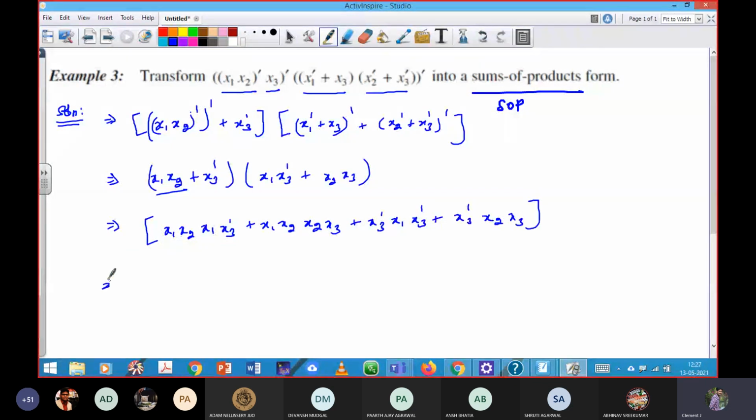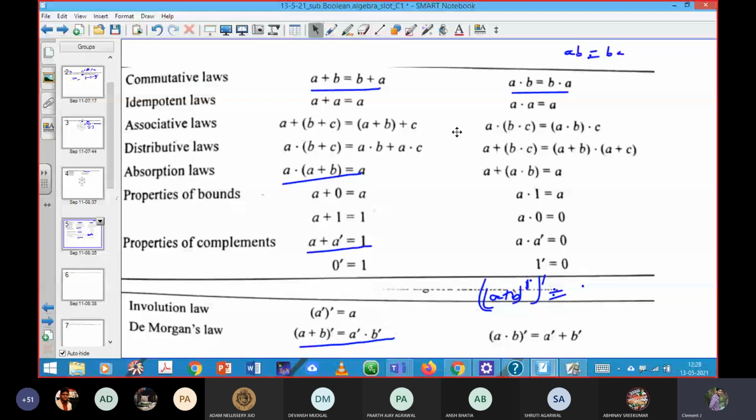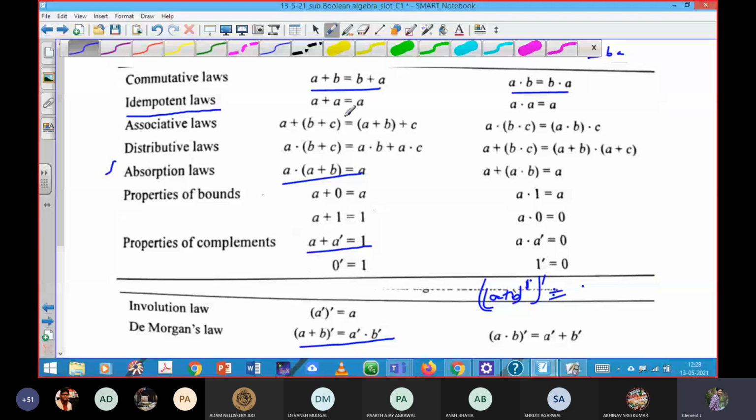So what will come here? Can you guess what law I'm going to apply on this? Now you can take a look at the formulas we covered on the previous slide, in this table. Which law am I going to apply? That means Idempotent, very good. That law is the idempotent law, x dot x equals x.